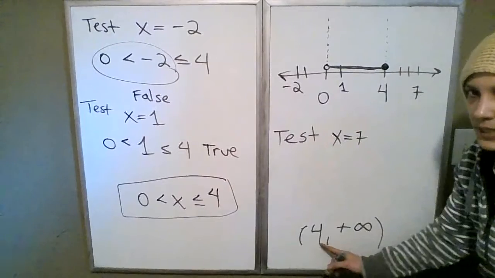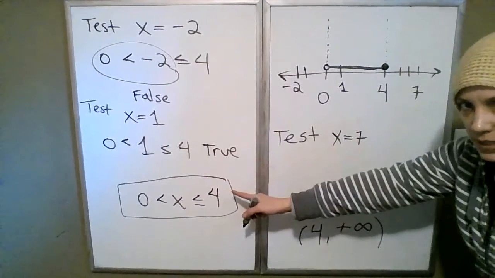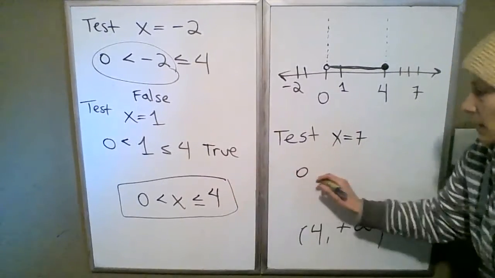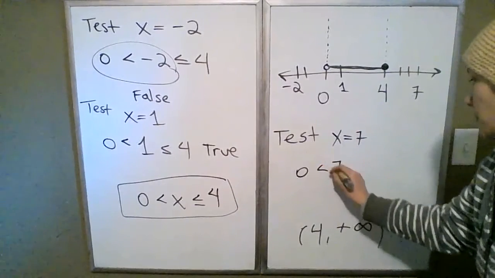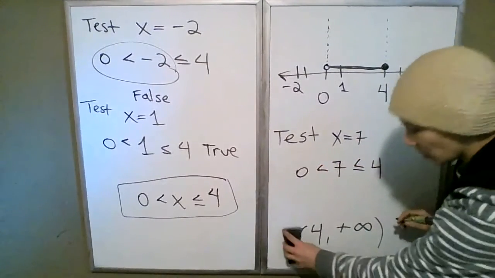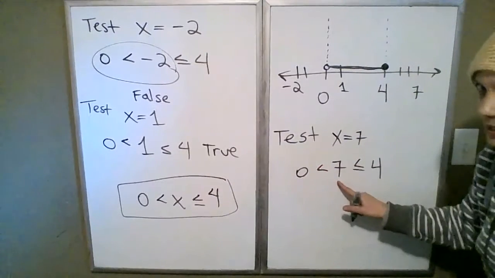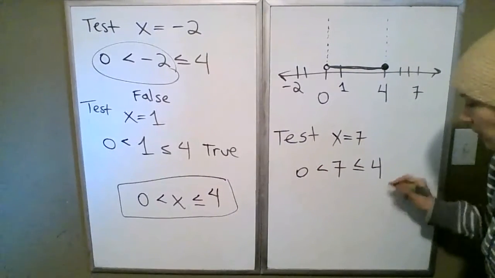So again, from that last interval, I've chosen a test point and put it into your inequality. It's a solution if it makes the statement true. 0 less than 7. Well, that's true. 7 less than or equal to 4. That's false.